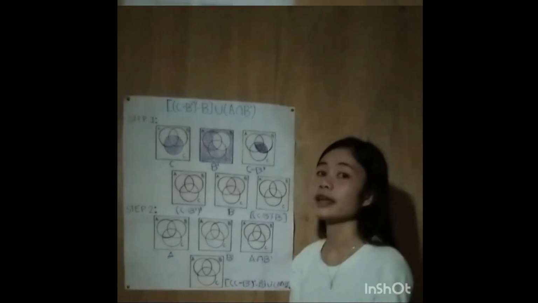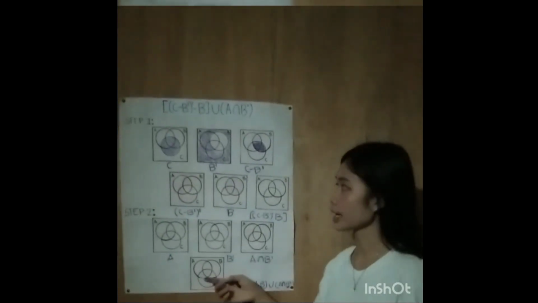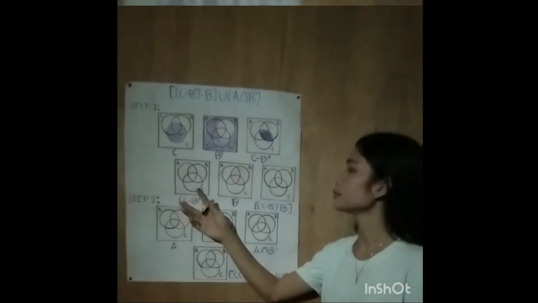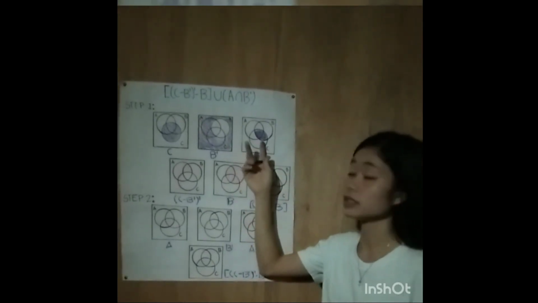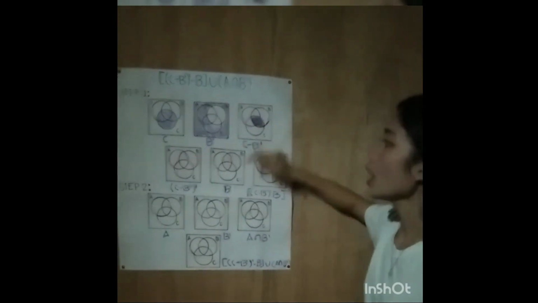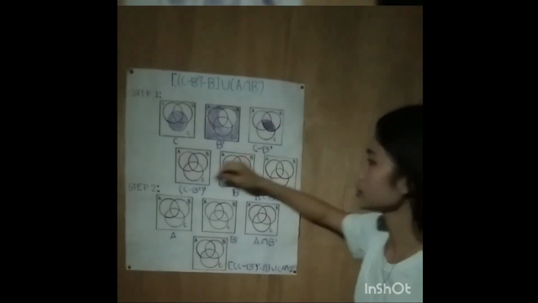And now we will find the complement of the difference between C and the B prime. So it means we will shade every part of this Venn diagram that is not shaded here. So as you can see, this is the only part that is shaded. So when it comes here, we will shade everything except this part.